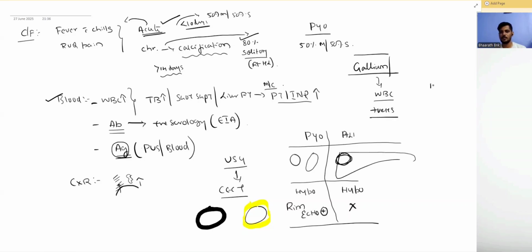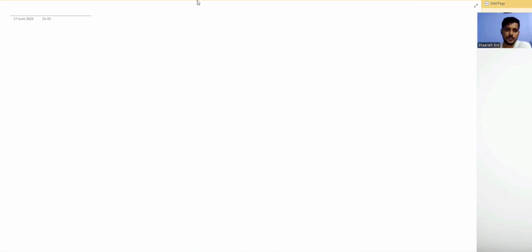But in case of amoebic liver abscess, the neutrophils are not present inside. So inside there is neither bacteria nor neutrophils present within the abscess cavity, and that is why these do not take up any of the agent. Right. So the gallium scan will be negative in amoebic liver abscess while it is positive in a pyogenic liver abscess. Even with all of this, you are still not able to diagnose the amoebic liver abscess.